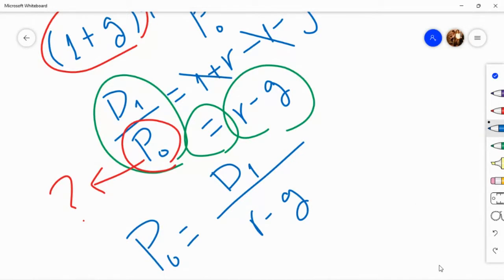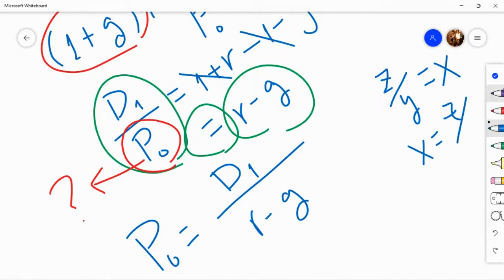In other words, if Z divided by Y is X, then Y is Z divided by X, right?